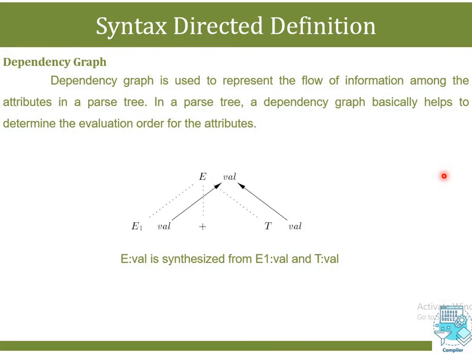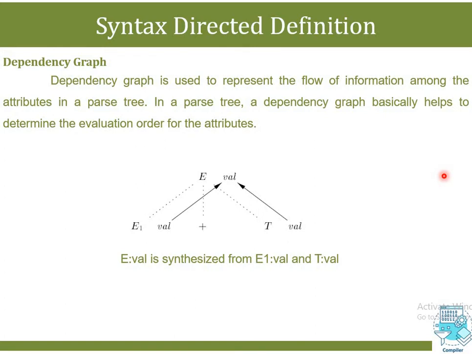So when we place an edge from node A to node B, it means node B needs the value that node A has. By following this logic, we place the edges in the dependency graph.